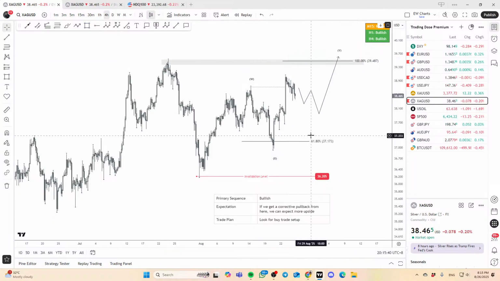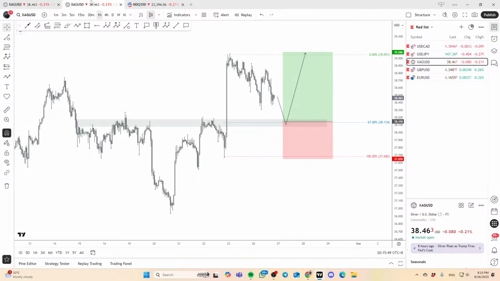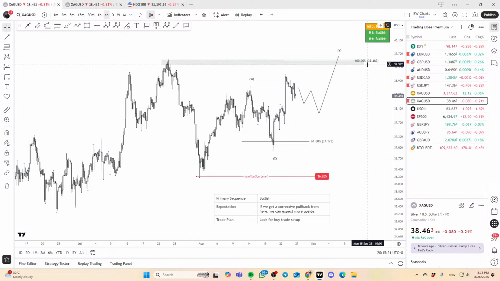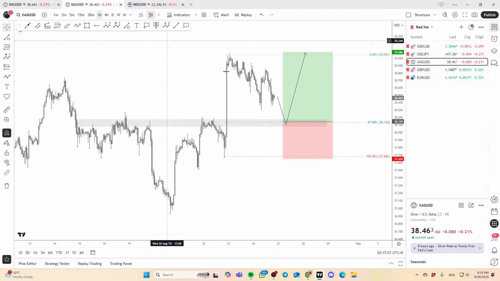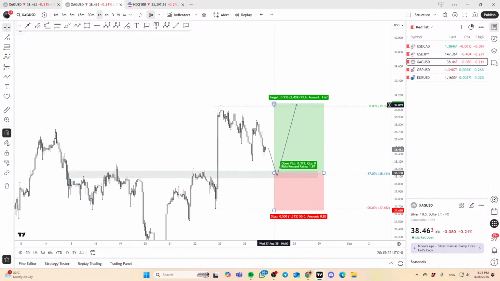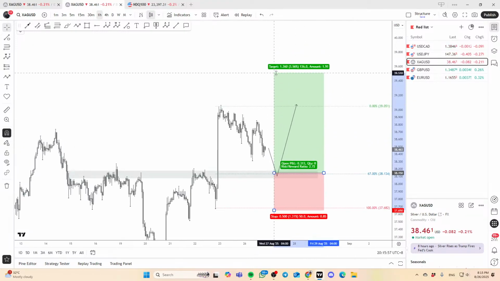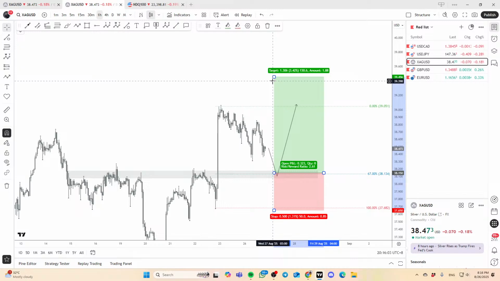Okay, now can it break the high? Absolutely, right? Because I think fundamentally precious metals can still go higher. But again, I don't want to be overly aggressive, right? Let's just say we're going to aim for 39.45. That extends our risk reward to 2.6, right?